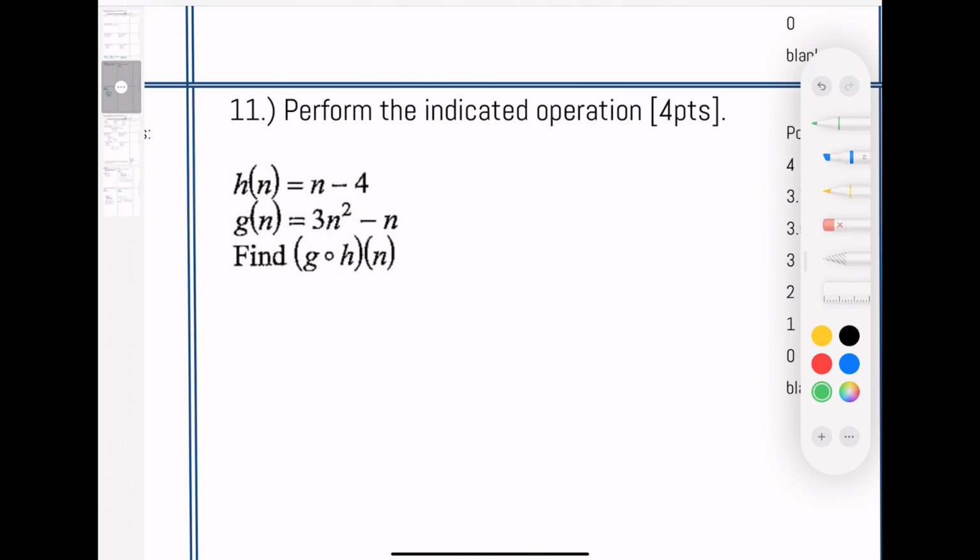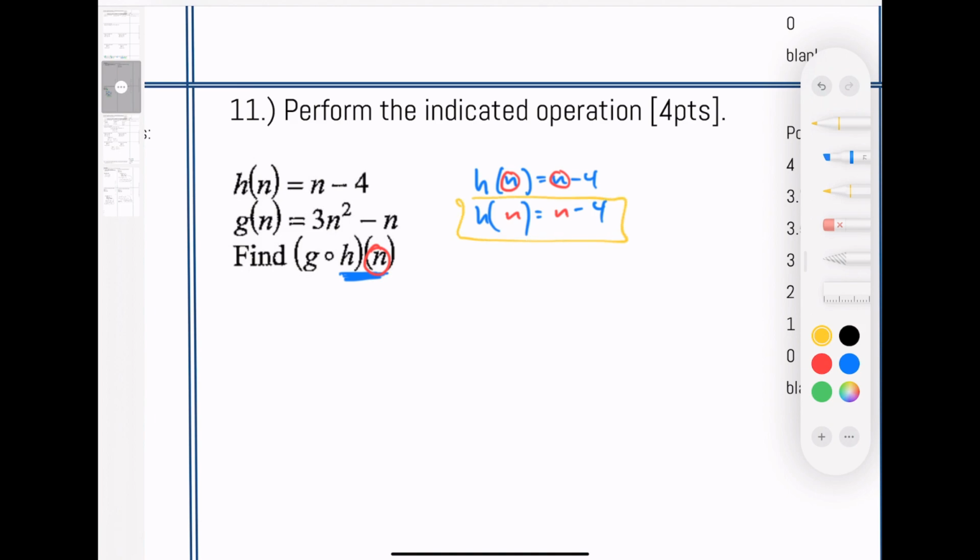Question number 11 says perform the indicated operation. We're always starting on the right side, and we're going to put n into the function h. And so if I put in n for every n value, it's actually going to read the same thing. H of n equals n minus 4.